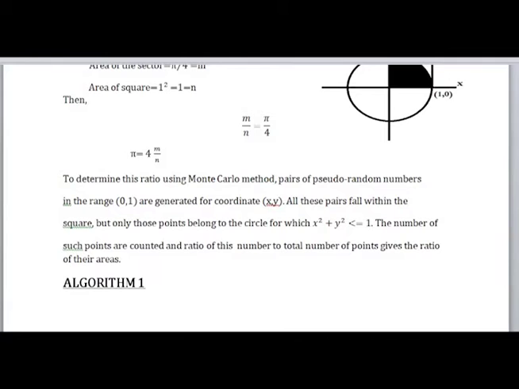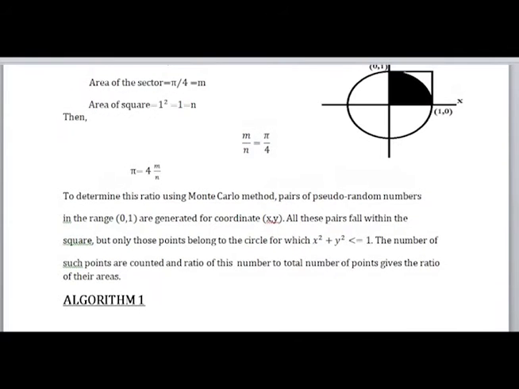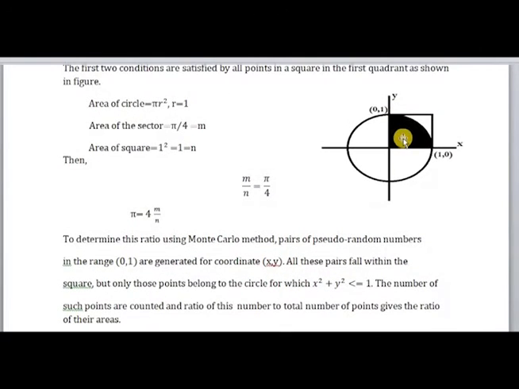Now, if you're throwing the ball such that it falls within the circle, I'll give a value for m, and if it is outside the circle, I'll give a value for n. n means the number of throws.